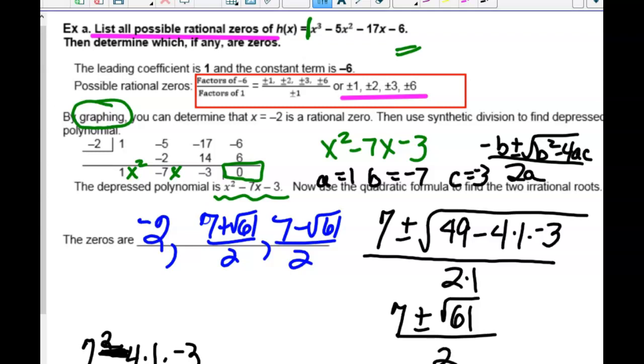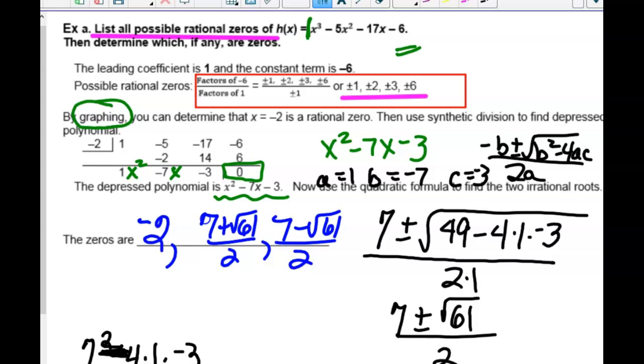And you could write those with a plus or minus. You don't need to list all three as separate ones. So this is why we have to know how to do synthetic division and long division, because if we can get it down to a quadratic, then we can find even the icky zeros.